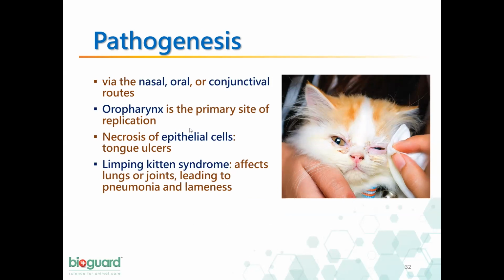It can cause necrosis of epithelial cells, which leads to tongue ulcers, a very common clinical sign in this case. Further, it can also cause a very distinct syndrome called limping kitten syndrome, where it affects the joints and the lungs of the cat, leading to pneumonia or lameness.